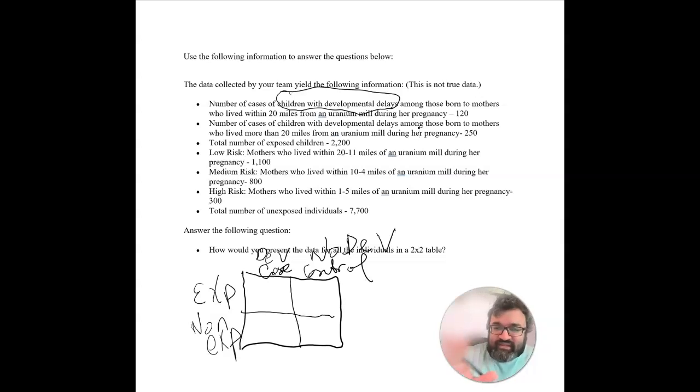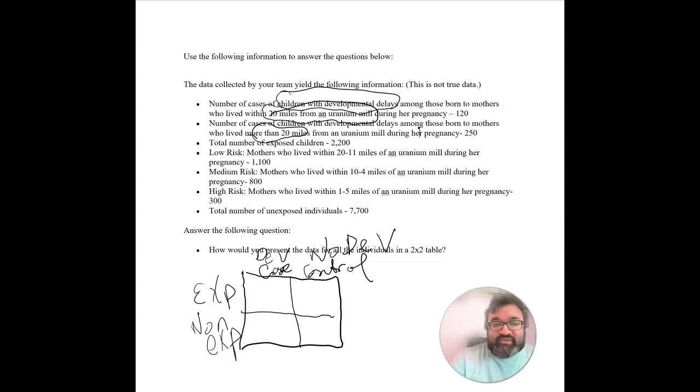The question is, and this is kind of complicated, what is considered the exposed versus unexposed? Within 20 miles from a uranium mill is considered exposed. And then more than 20 miles is considered unexposed.